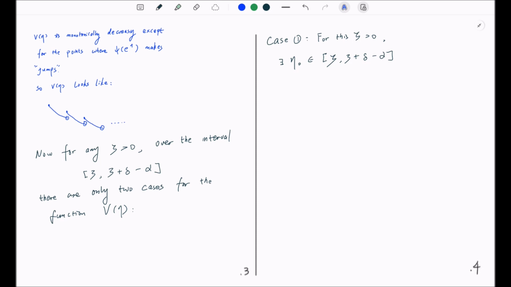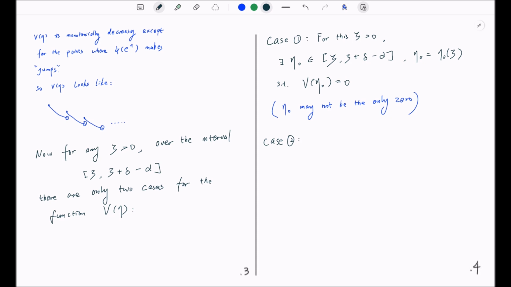Note that eta naught depends on zeta, such that v of eta naught is 0. And here, let me make a remark that eta naught may not be the only 0, just some 0 of the function v. And this is the first case.